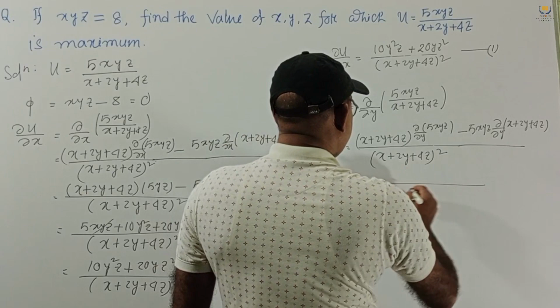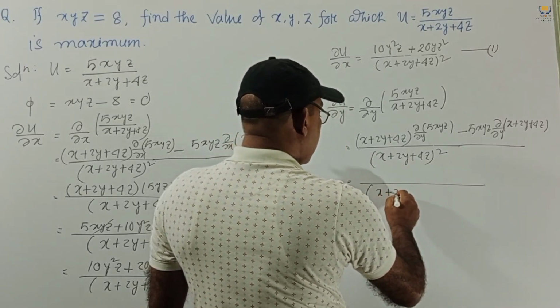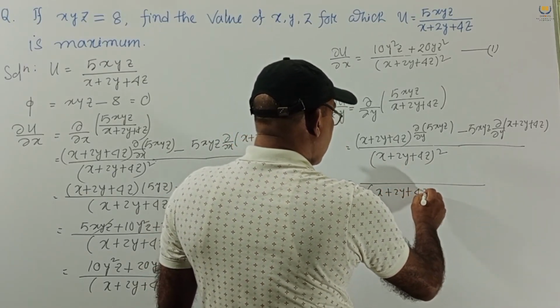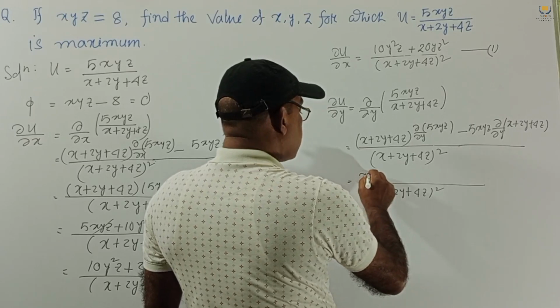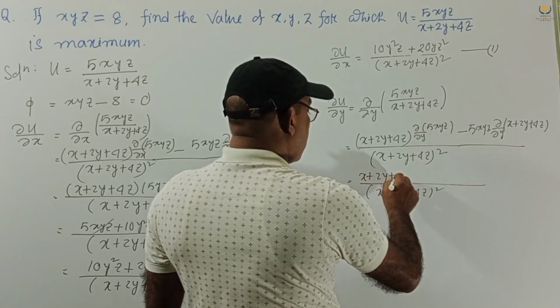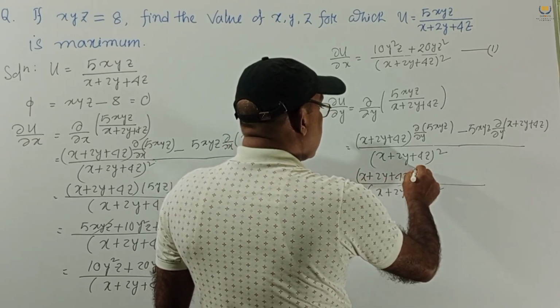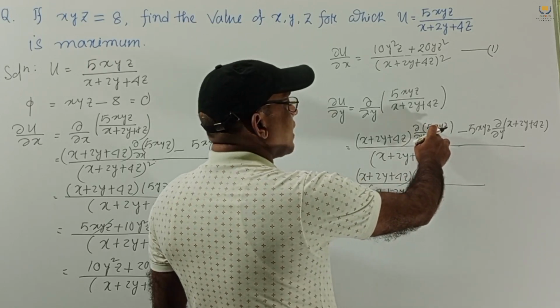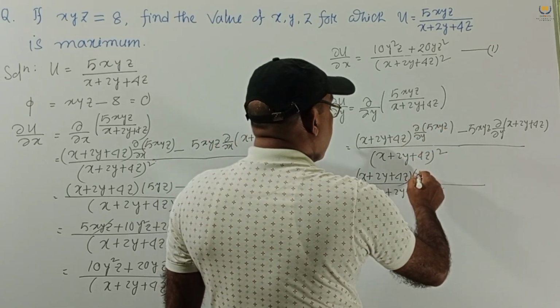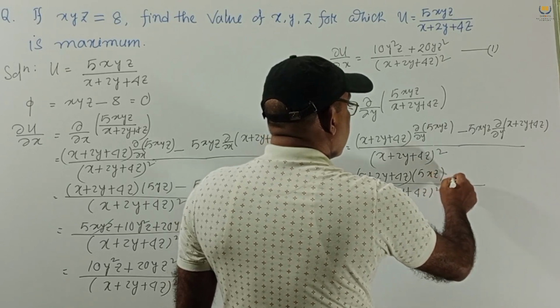Now this equals (x plus twice y plus 4z) times del y, y means 1, so 5xz, minus 5xyz, where the derivative of the denominator is 2 into 1 plus 0, over x plus twice y plus 4z whole square.